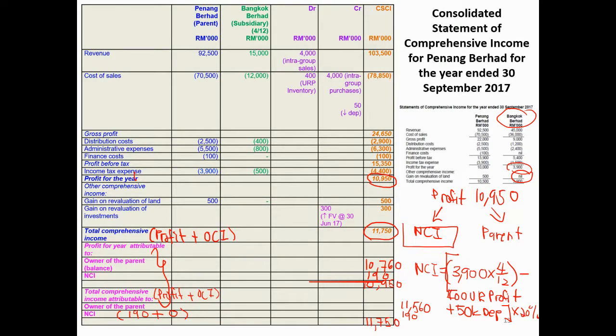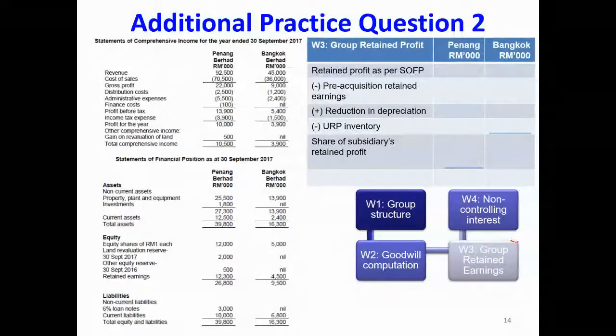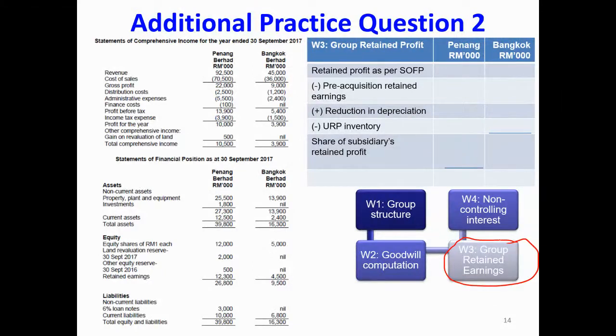Students, if you got more questions later, I can answer you. So what we do is we move to balance sheet. Before balance sheet, this is when I'm going to show you the workings here. This is working number 3. Remember last week, week 2, students asked me, Miss, when are you going to show me working 3? So today is the day I'm going to show you working 3, and then later I'm going to show you working number 4.